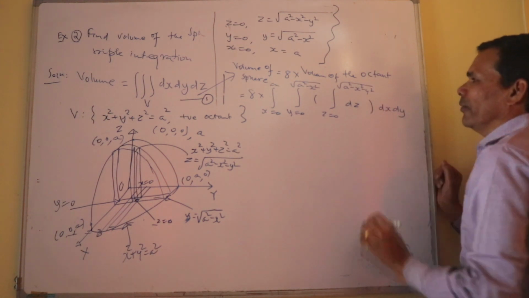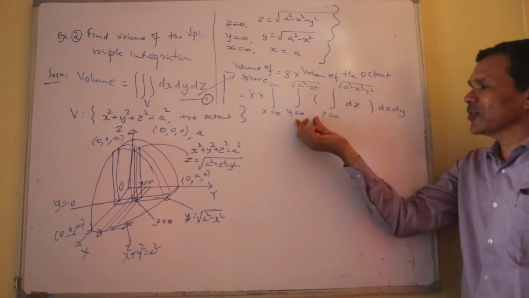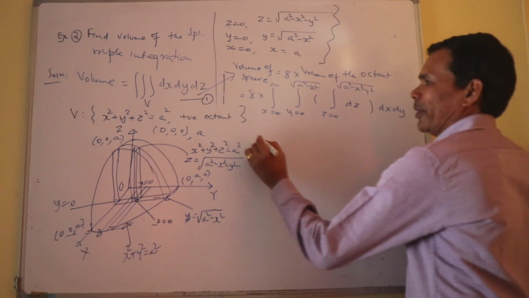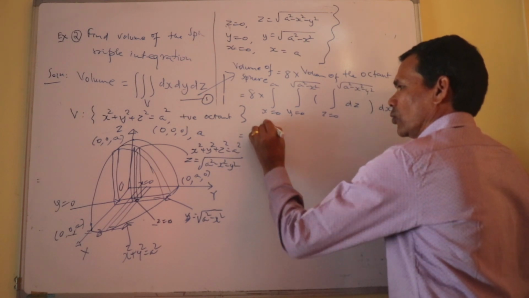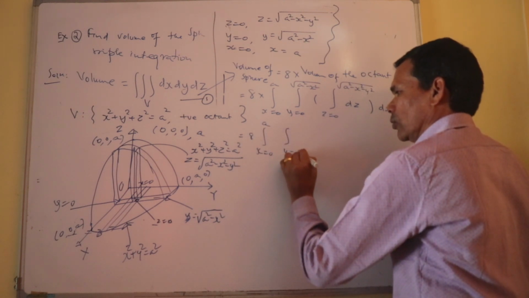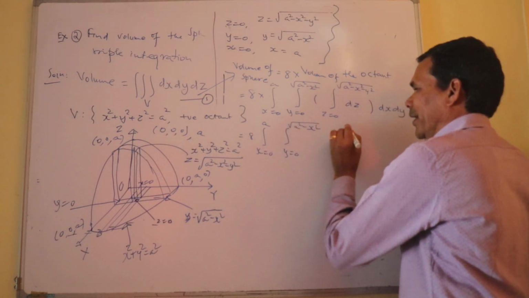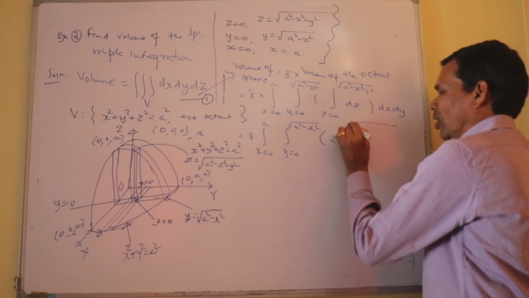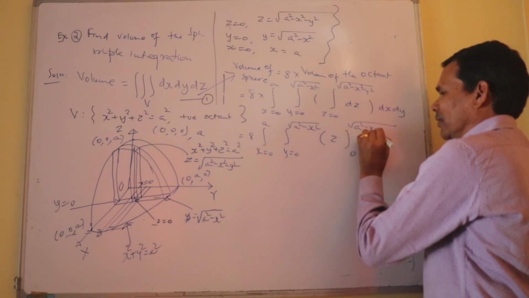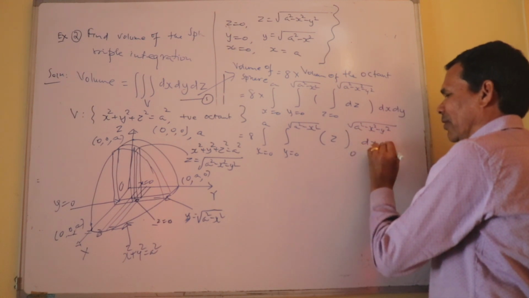This is called variable separable form, with respect to z first, then with respect to y, and then with respect to x. So 8 times x is equal to 0 to a, y is equal to 0 to root of a square minus x square, and if you integrate z with limits 0 to root of a square minus x square minus y square, into dx dy.